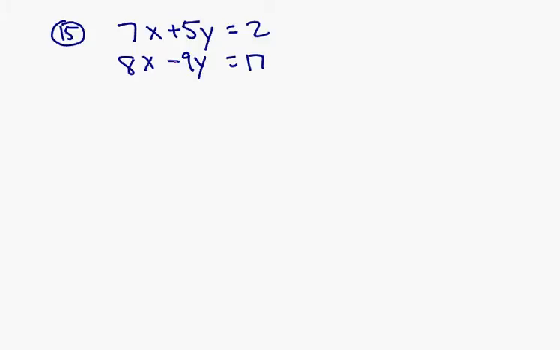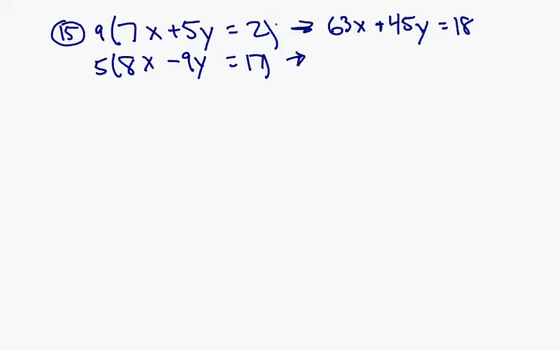So I look at 5 and negative 9 and ask myself, what is the smallest number that these two numbers fit into? And I'm thinking 45. So if I multiply the first equation by 9 and I multiply the second equation by 5, the first equation now becomes 63x. 9 times 5 is 45, so plus 45y, and 9 times 2 is 18.